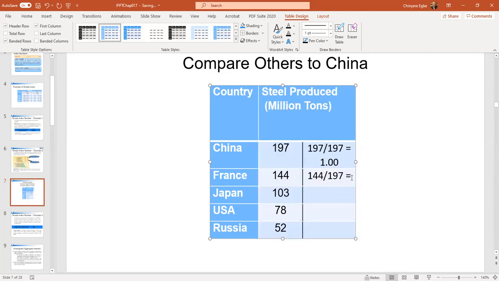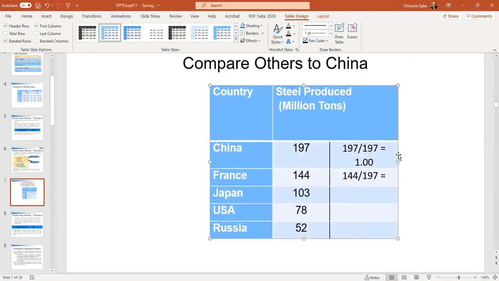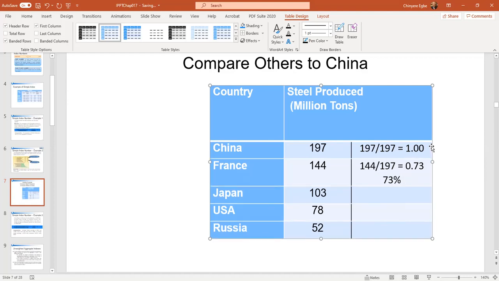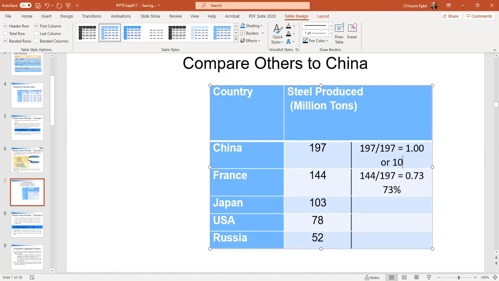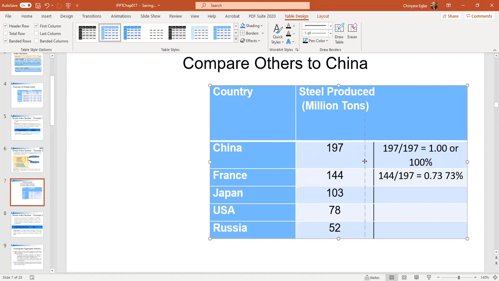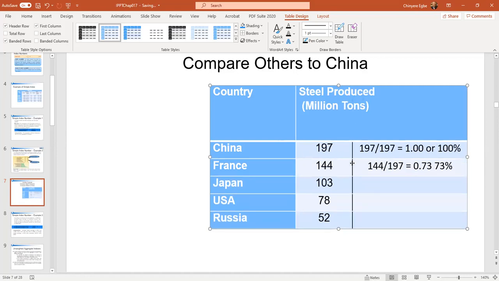0.73, or 73%. All right. So this one is 103 divided by 197.